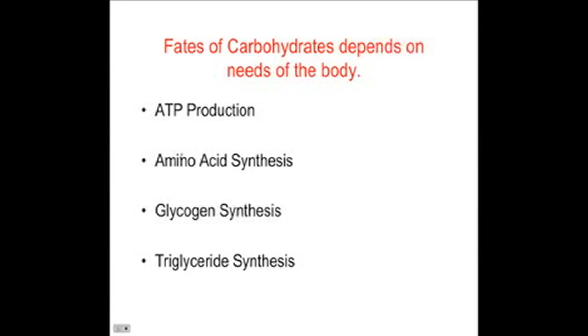It can be used to make some amino acids. It can be used to make glycogen. Remember, glycogen was also called animal starch, and carbohydrates could be used to make triglycerides, which of course is fat.